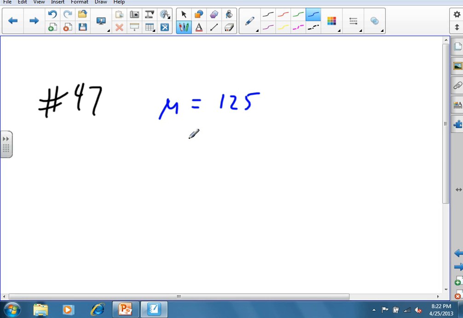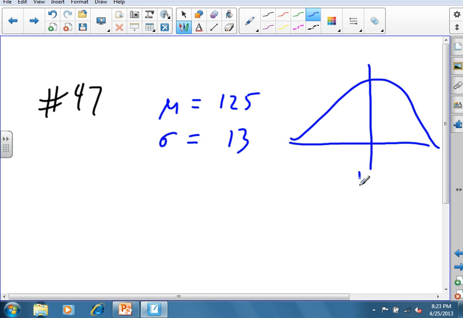The standard deviation is 13. Okay, we want to know what percentile corresponds to 113. We have something that looks like this, and that's 125. When I add 13, I get 138, and when I subtract 13, I get 112.